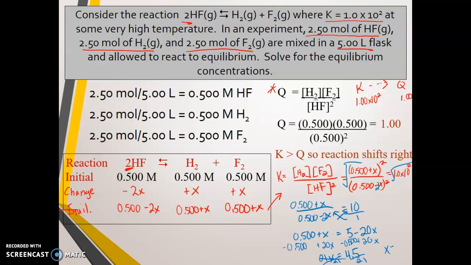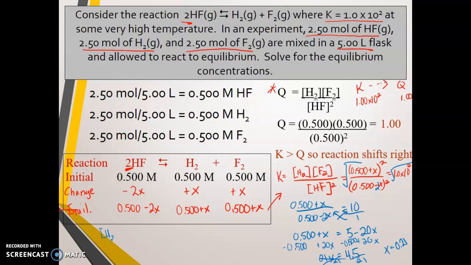So x is going to be equal to 0.21. So now I know what x is equal to, so now I can solve for my equilibrium expression.